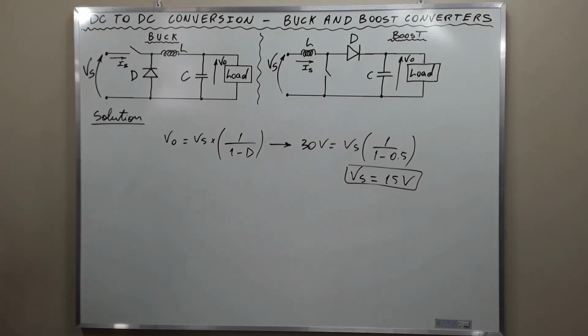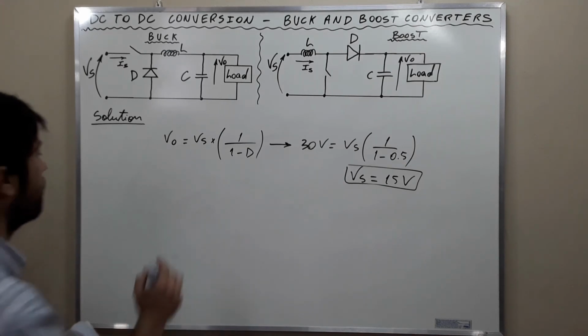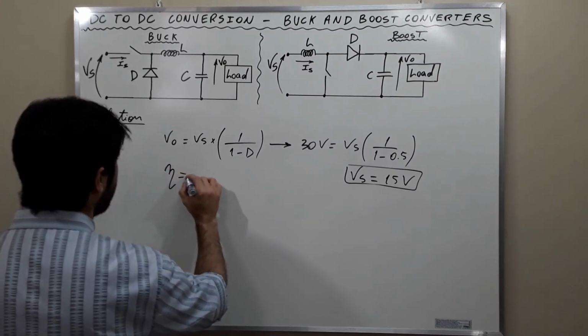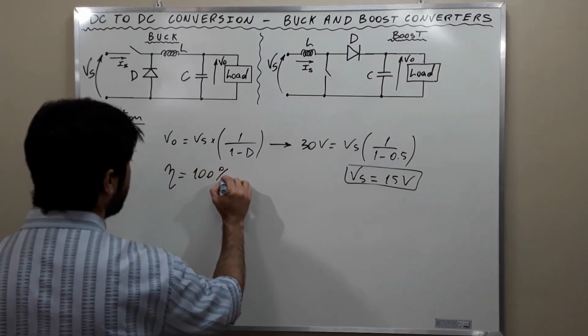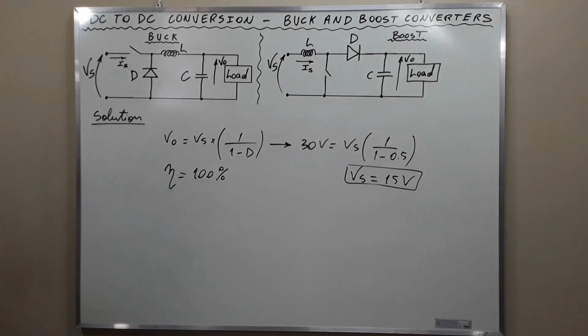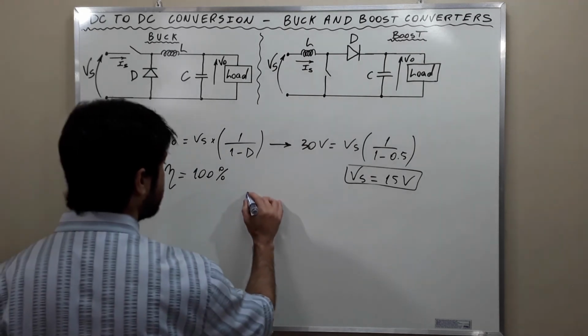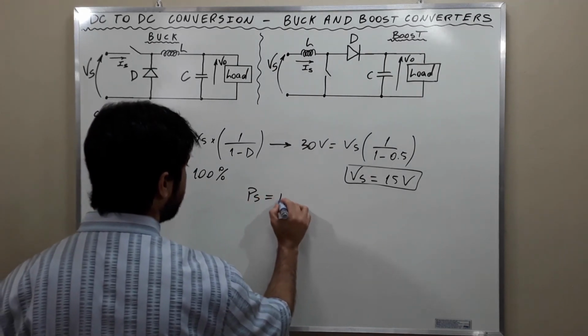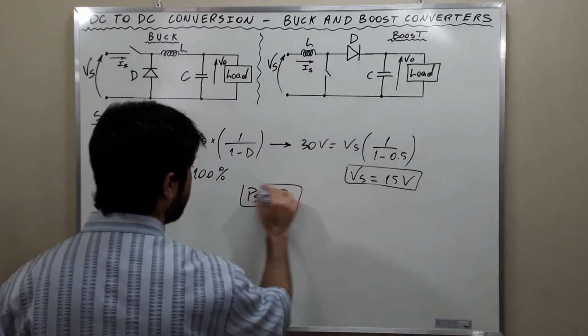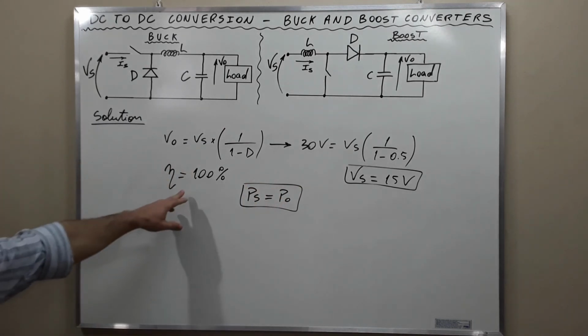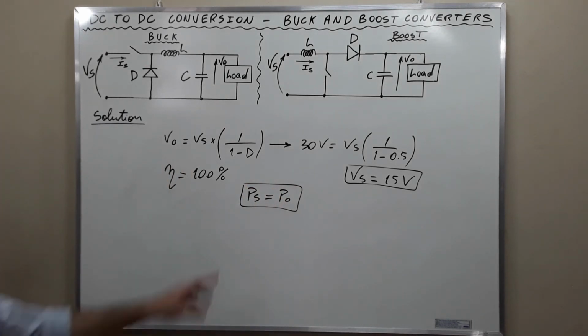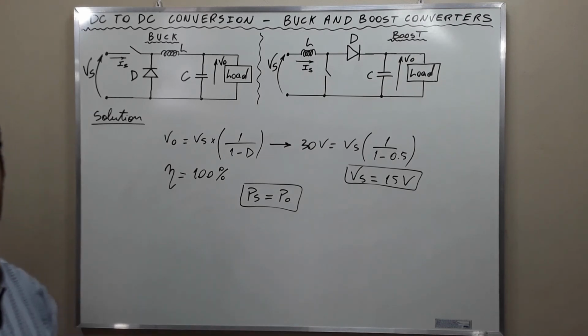Now the catch, when the exercise says that this is an ideal boost converter, the efficiency is 100%. And what does it mean? It means that when the efficiency is 100%, the input power is equal to the output power.